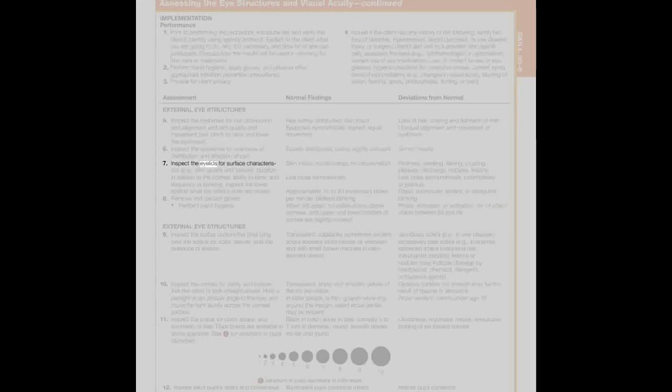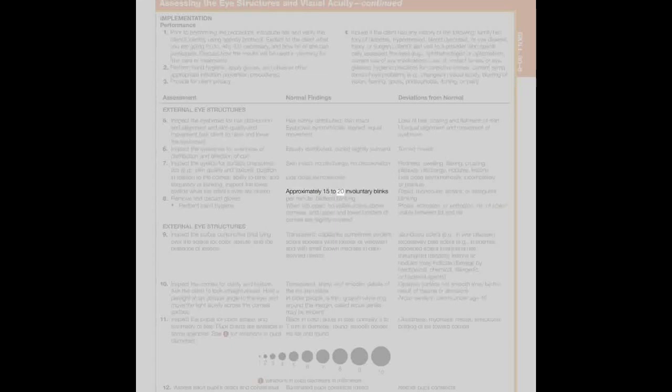7. Inspect the eyelids for surface characteristics, for example, skin quality and texture, position in relation to the cornea, ability to blink and frequency of blinking. Inspect the lower eyelids while the client's eyes are closed. 8. Remove and discard gloves. Perform hand hygiene. Skin intact, no discharge, no discoloration. Lids close symmetrically.